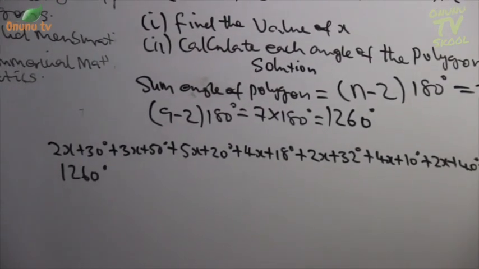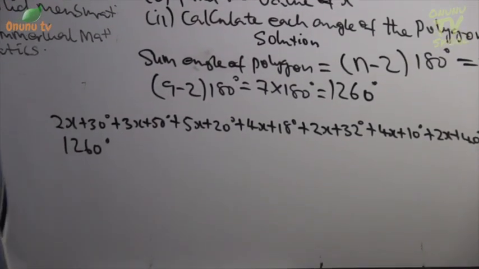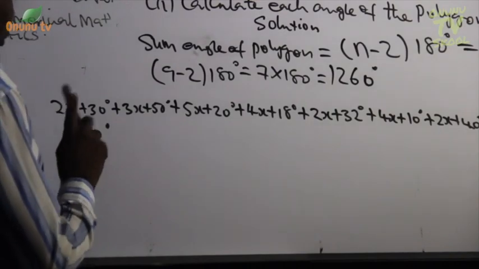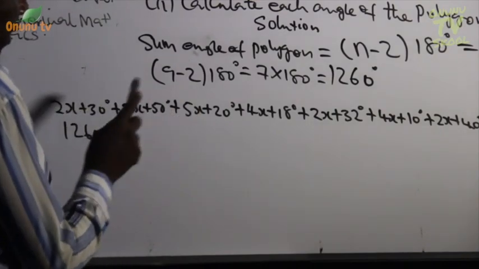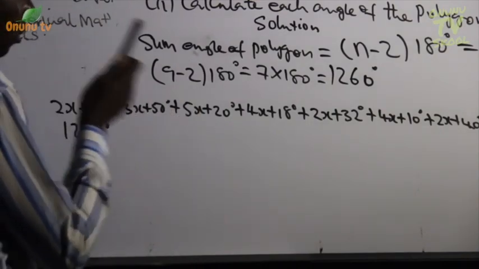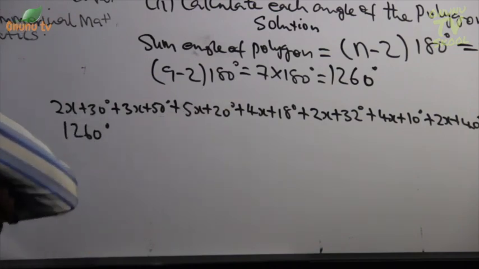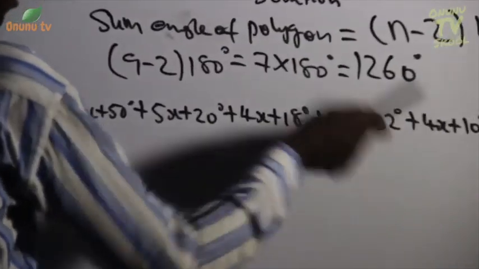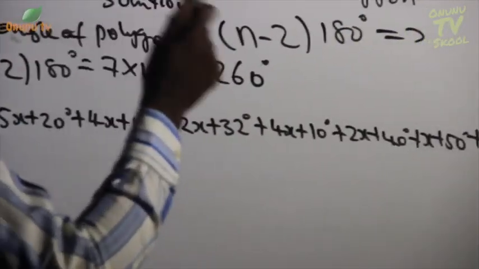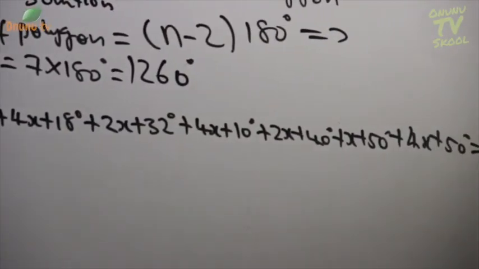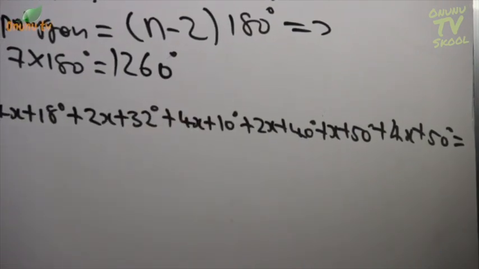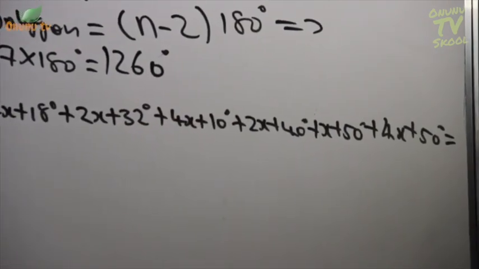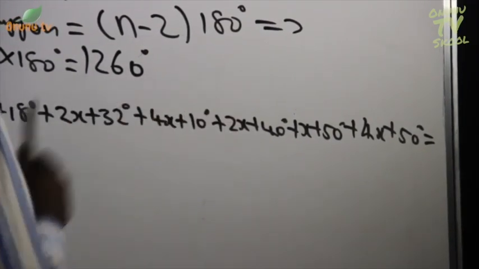Yes. Now what do we have? Let's add the x terms together. 2x plus 3x is 5x. Plus 5x is 10x. Plus 4x is 14x. Plus 2x is 16x. Plus 4x is 20x. Plus 2x is 22x. Plus x is 23x. 23x plus 4x is 27x.